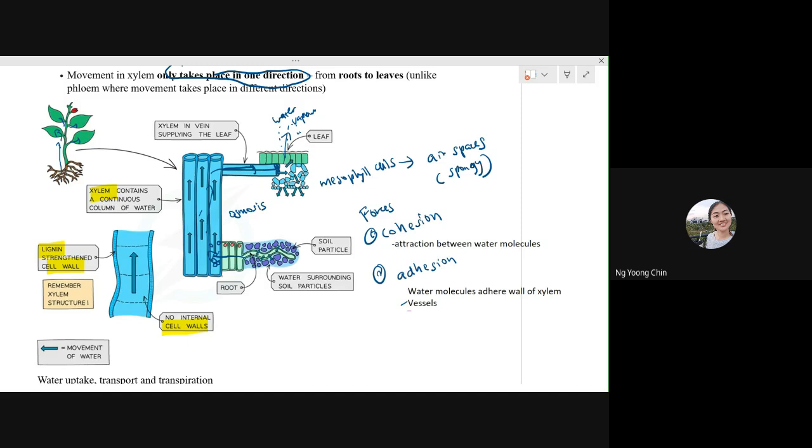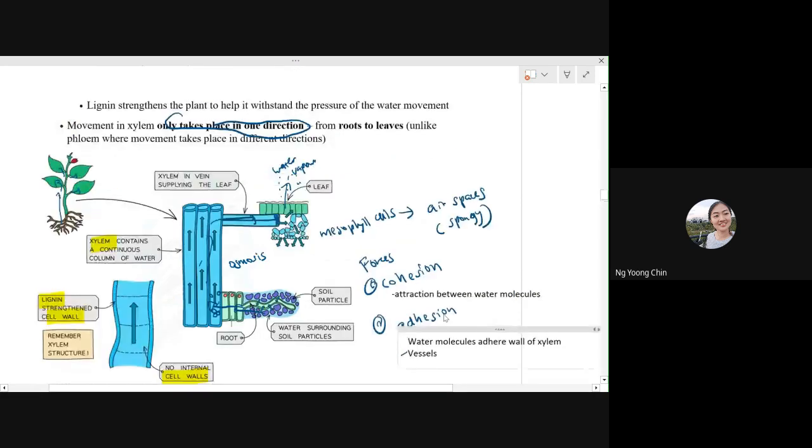So they need to replace the water by continuously absorbing water from the roots. So this will create a condition known as the transpiration pull. This one. Okay, the movement of water upwards is called the transpiration pull.